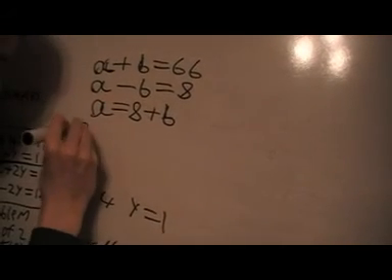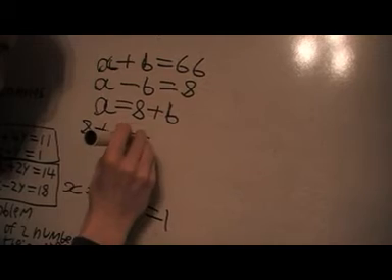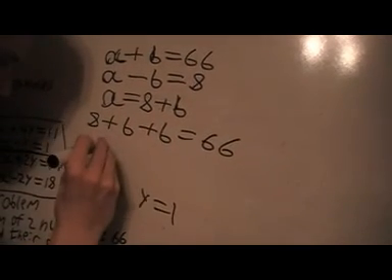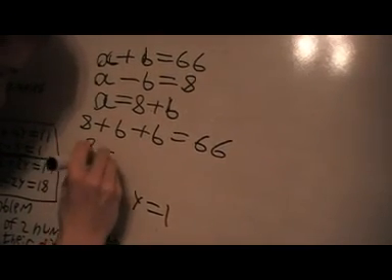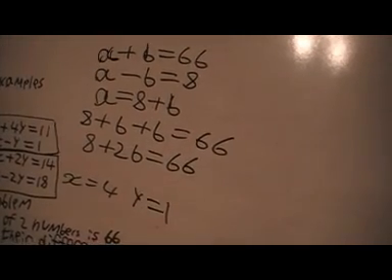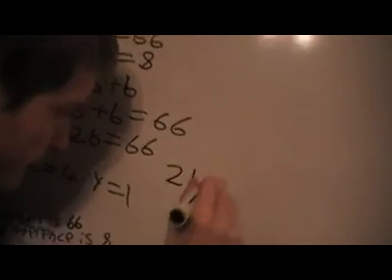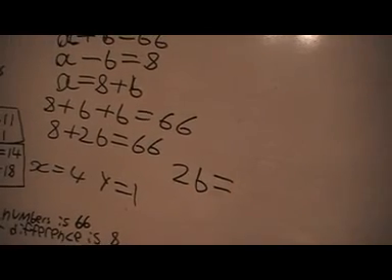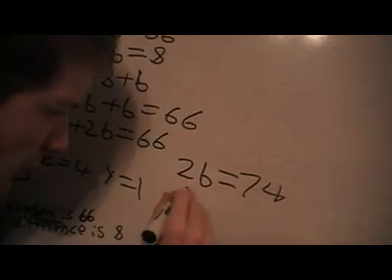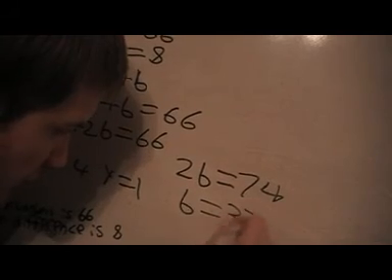So I've got 8 plus B plus B equals 66, and then I've got 8 plus 2B equals 66. Add 8 to both sides, we'll get 74... actually subtract 8: 58 divided by 2, B equals 37.